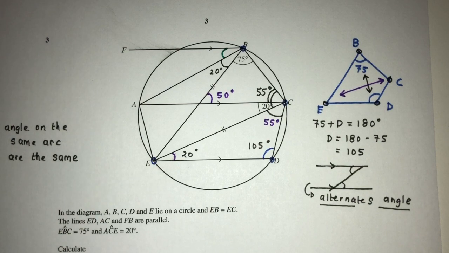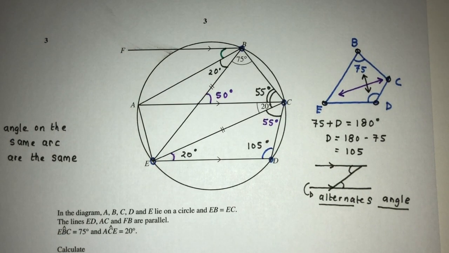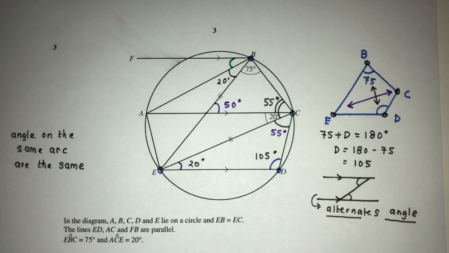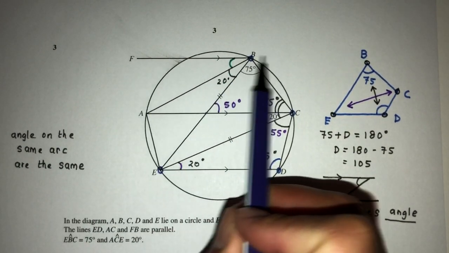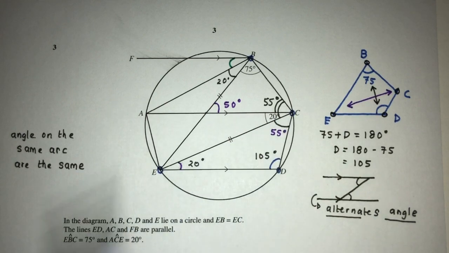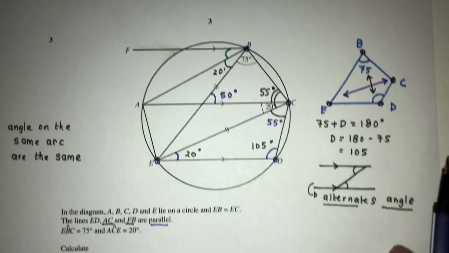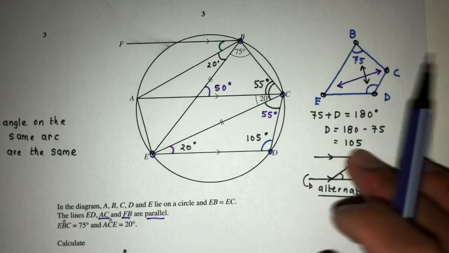Okay. Now something very interesting here that we can use. Finally, because we know that FB and AC are in the same direction according to the question, AC and FB are the same direction, and they are joined by a straight line according to the same theory right here.